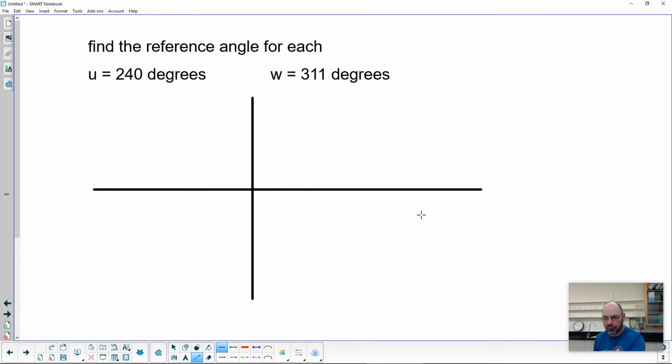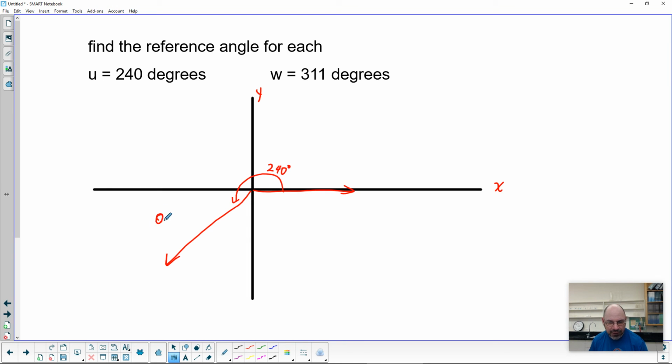So what we do is we draw our quadrant, we draw our angle. So u is 240. So if we're doing this one, x and y. Okay, so 240, this is 180 over here. So let's just put it in here, 240°.